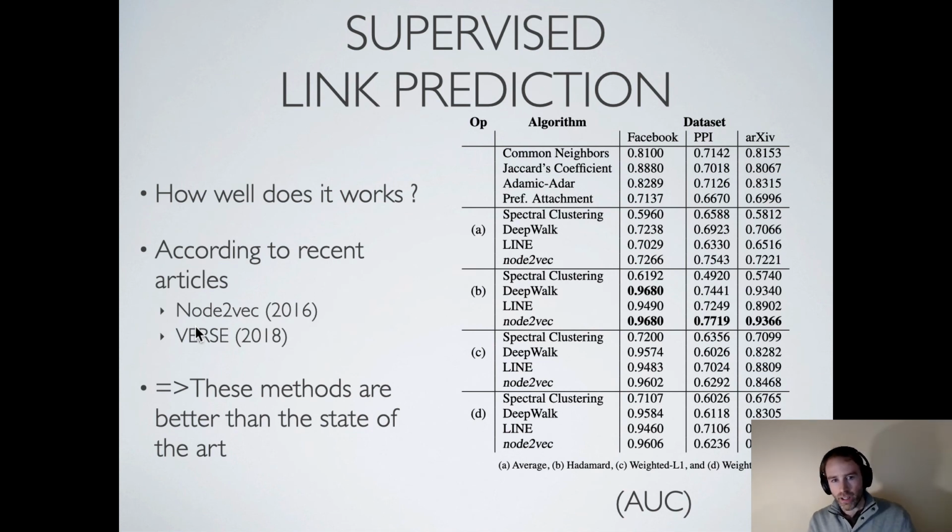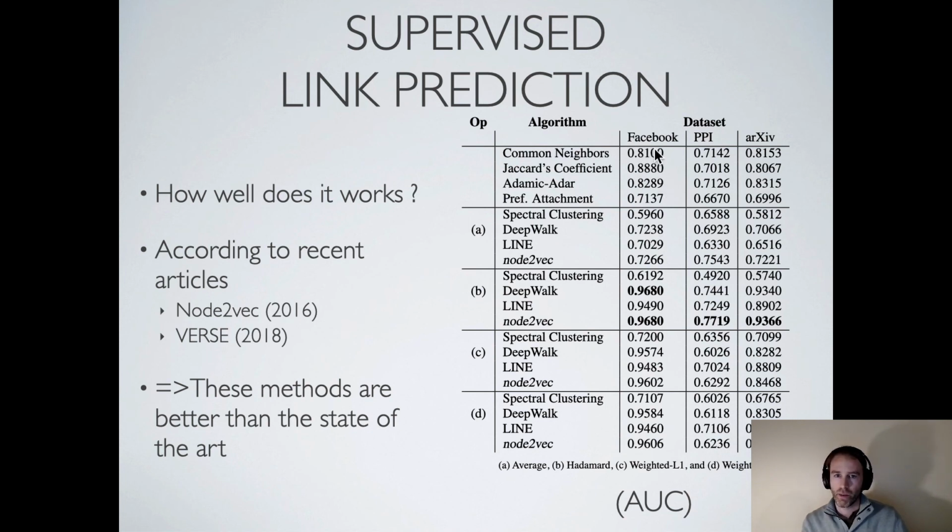So again, how well does it work? This is also a controversial problem, I think, because again, it's quite a recent topic. So if you refer to the papers of the authors introducing a method, like for instance here, it's from the paper introducing node2vec. They observed that they get higher scores, in AUC in this case, than heuristics.